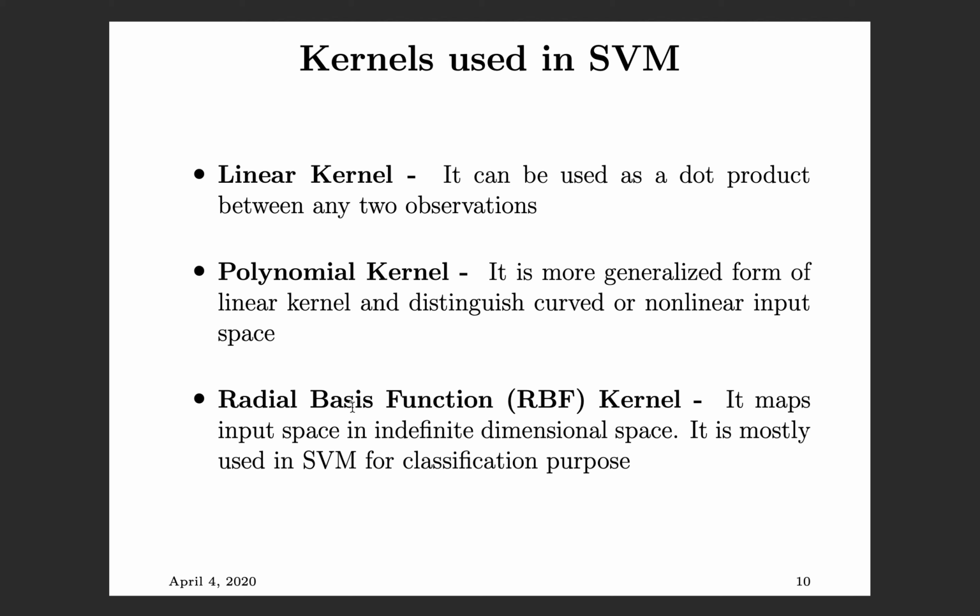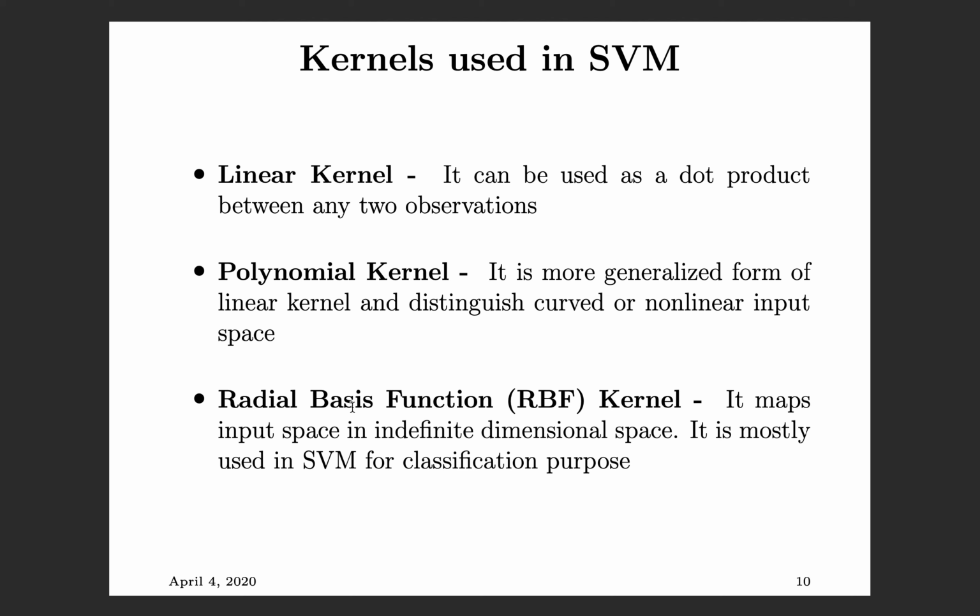There are some kernels available with SVM. First is the linear kernel. Basically, it is the dot product between any two observations. Suppose x1 and x2 are two observations or instances, then we can find the dot product between them. That is the linear kernel. The details about this we will see in the next lecture.